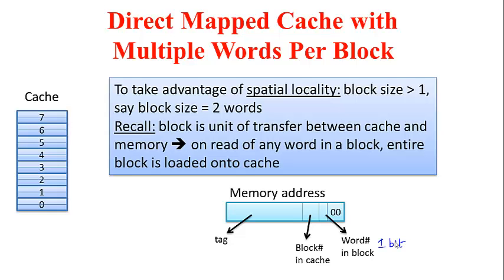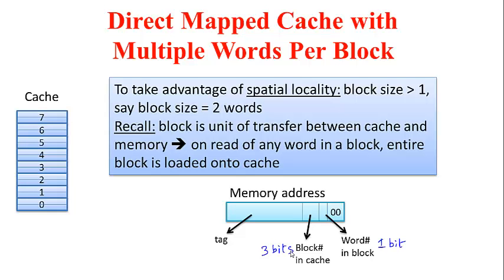Since we have 8 blocks in the cache, just like earlier, we're going to need 3 bits for the block number in cache. How many bits are going to be needed for the tag? Well, the answer to that will depend on the size of the memory, which in turn will determine the size of the memory address, the number of bits in the memory address.